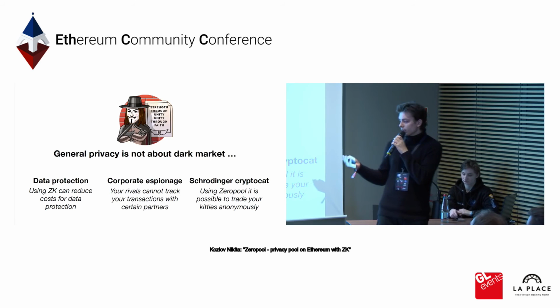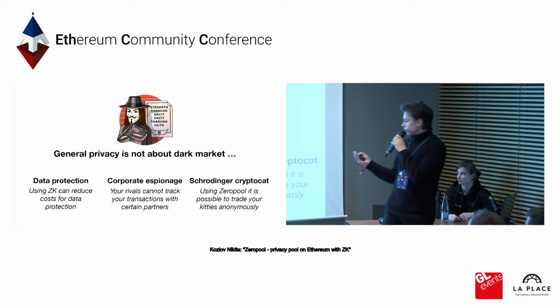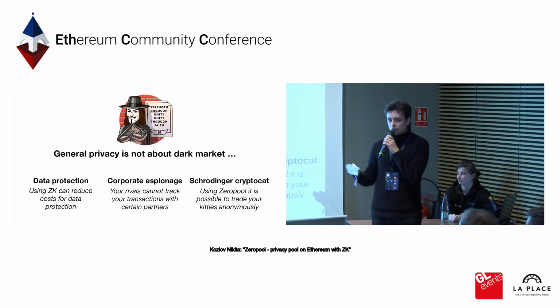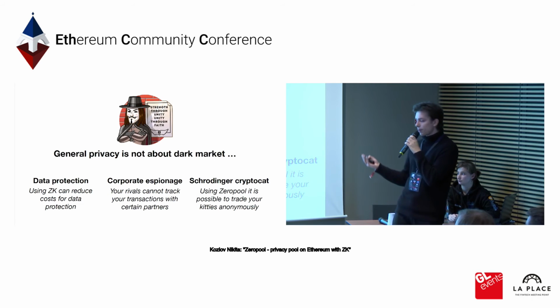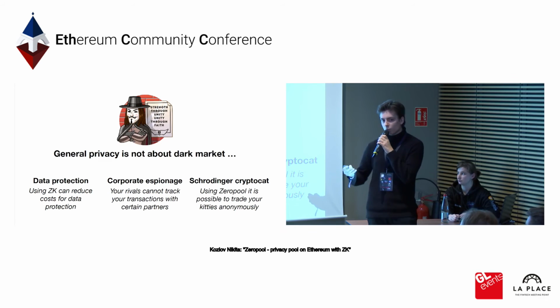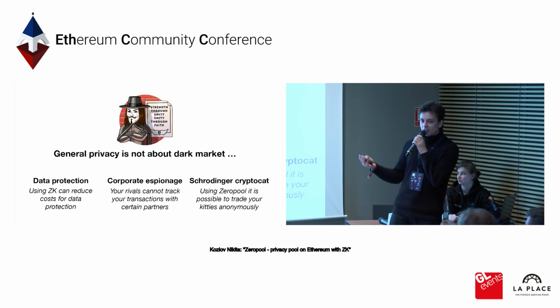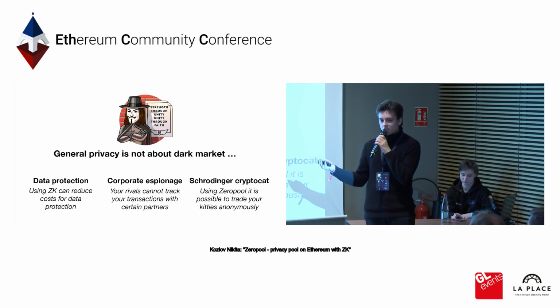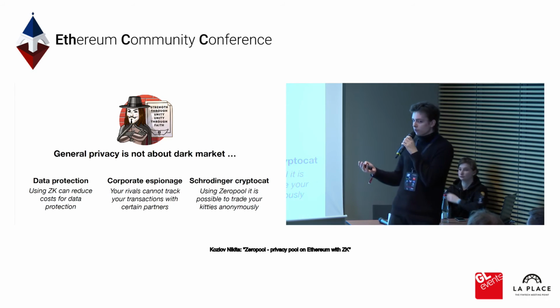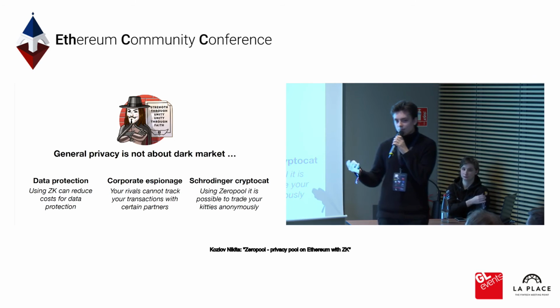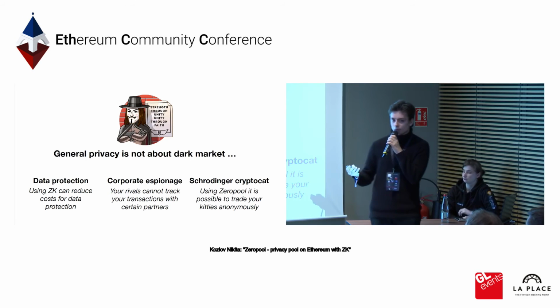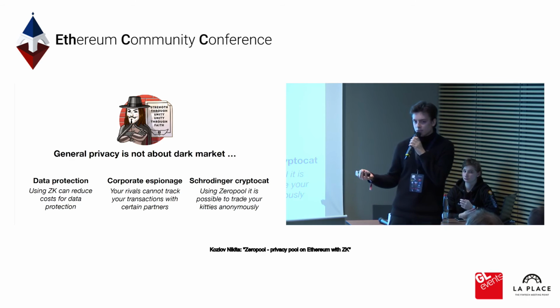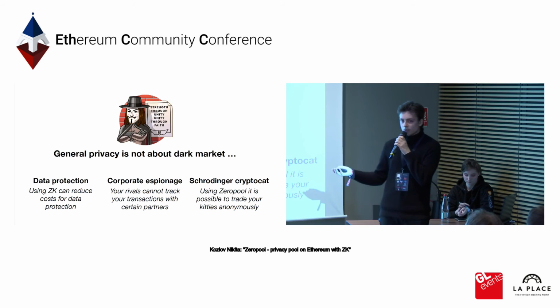For example, you can use it for your crypto kitties if you want to make some big trades without showing anyone that you make a trade on a private blockchain. You can use it to pay for some adult content and not be tracked on the main chain by everyone. And you can also use it in business cases, for example, if you don't want your competitor to track your transactions on the main chain.